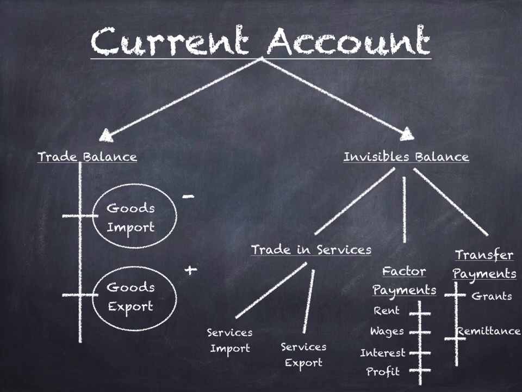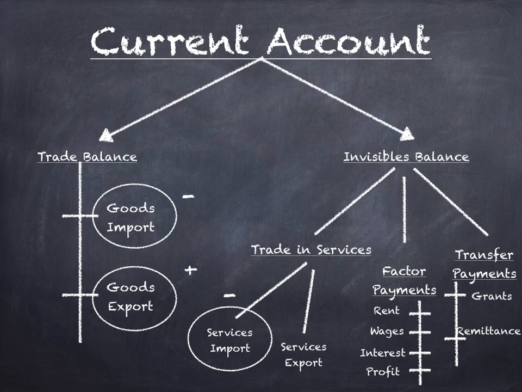Similarly, if a multinational company, let's suppose Samsung, is earning profit inside India, then that profit would be accompanied by a negative sign in the invisibles balance or current account. All right. So services import is accompanied by a negative sign. Services export is accompanied by a positive sign.